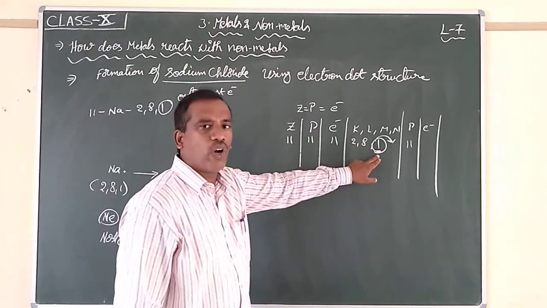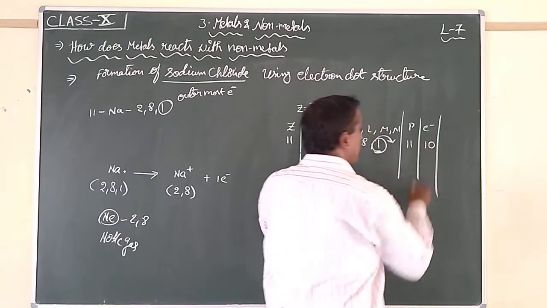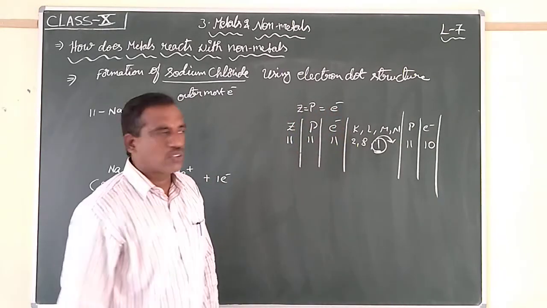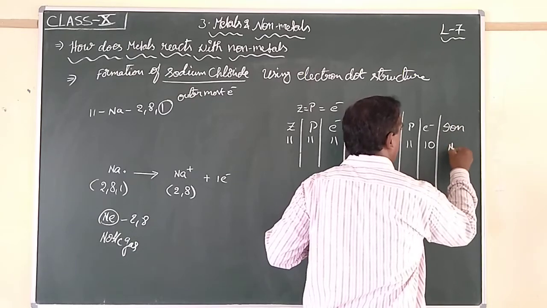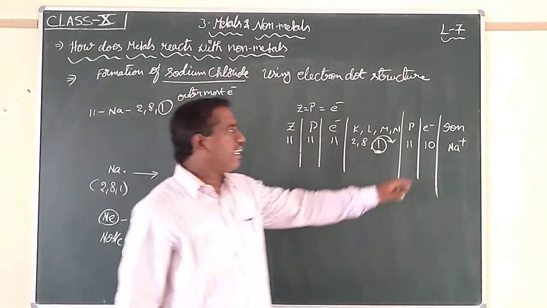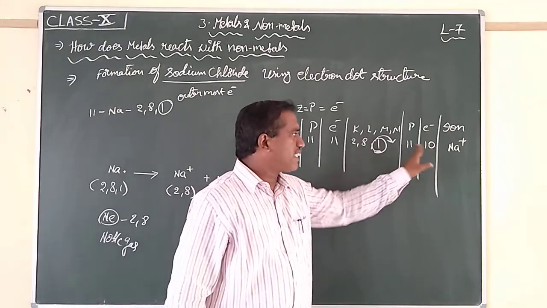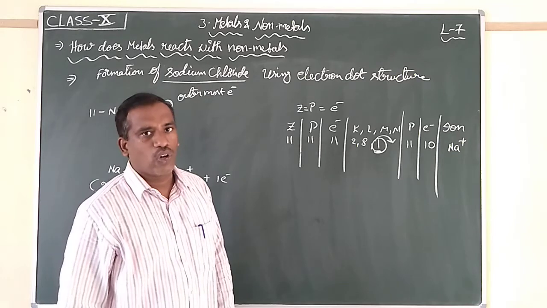After losing 1 electron, out of 11, it lost 1. It is having only 10 electrons. So the ion that is going to be formed, generally we write as Na plus. It is indicating 1 proton is in excess to the electrons.